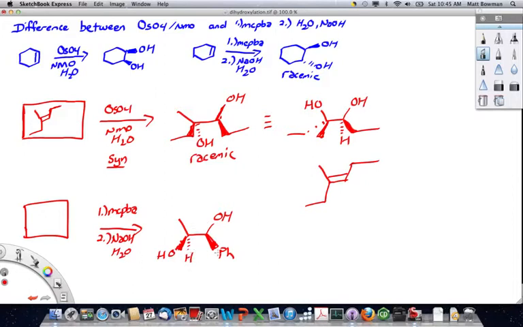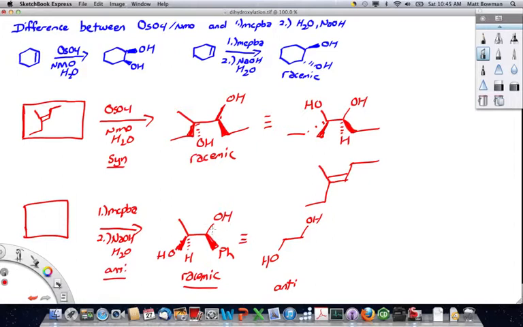This alkene here, sorry, this diol here, what we would need to do is redraw it so the two OHs look like this in the anti-configuration, because mCPBA followed by sodium hydroxide and water adds two OHs anti to each other.